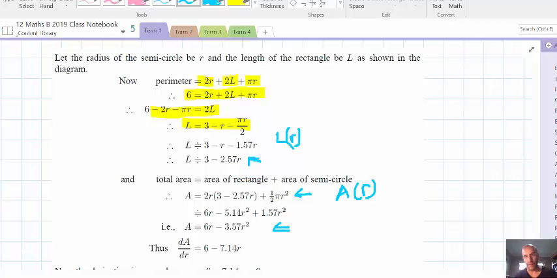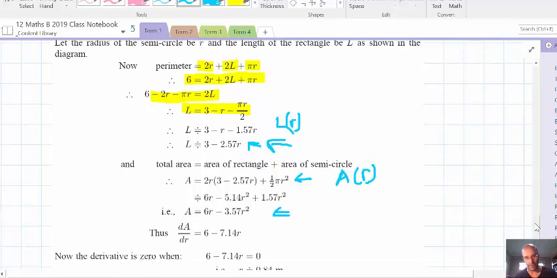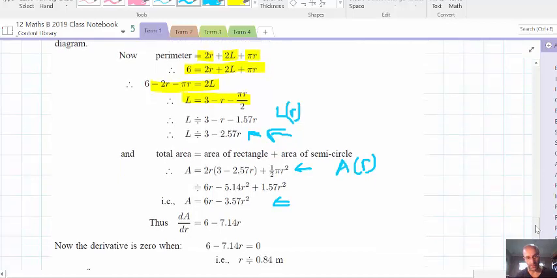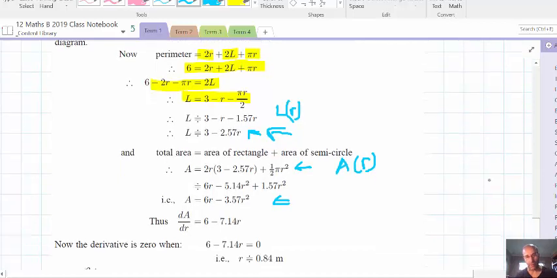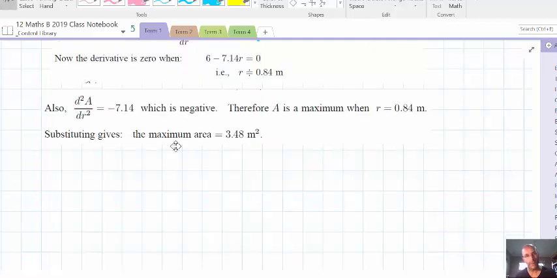Now we take the derivative of that because we want a relationship between the area and the radius, because once we work out a maximum R value to make the area a maximum, we can then go back to this relationship here and find out L correspondingly. So we take the derivative and R equals 0.84 once we set the derivative there equal to 0.